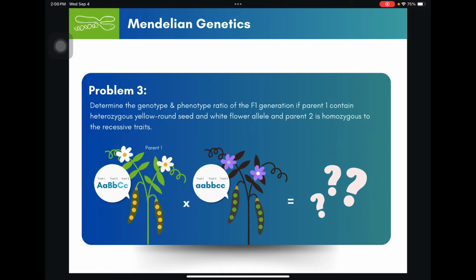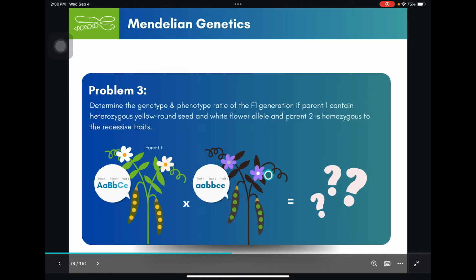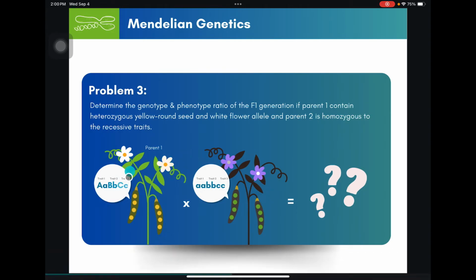The dominant traits are yellow with regards to the color of the seed, round with regards to the shape, and white with regards to the color of the flower. So these are the dominant traits because they were expressed in the organisms. On the other hand, the phenotype of parent 2 is the exact opposite of the phenotype of parent 1 because according to our problem, they carry all the recessive traits.